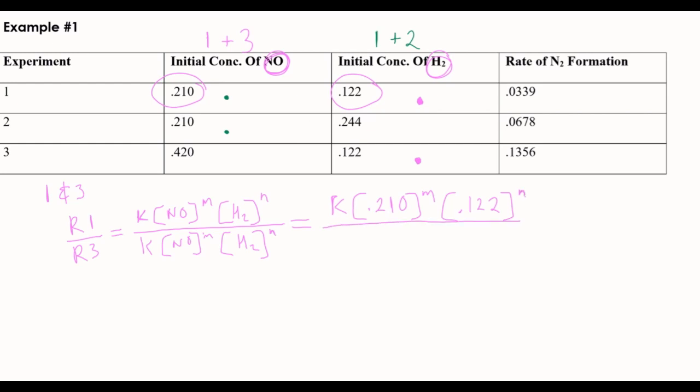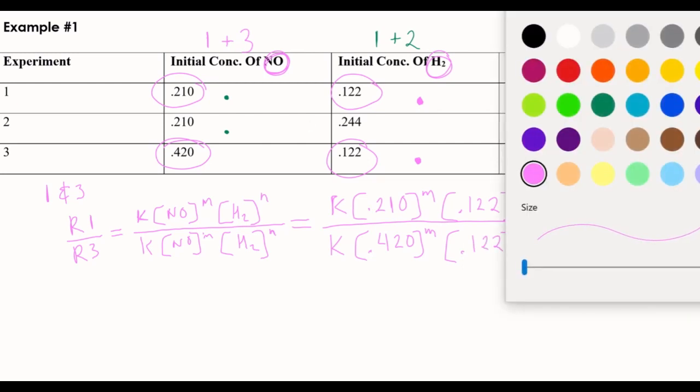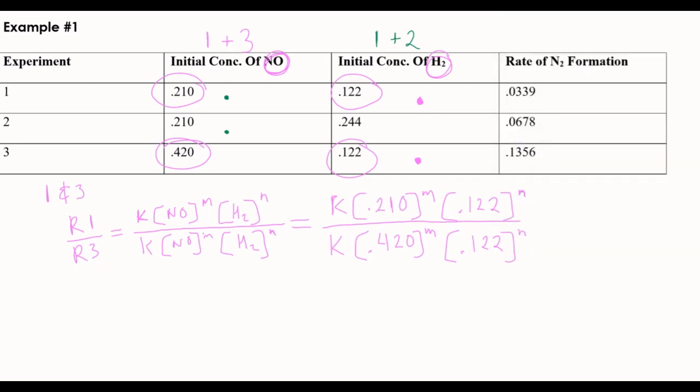Now I'm going to plug in the numbers for rate 3, the third reaction. So we have K times 0.42 to the M power times 0.122 to the N power. So all I do is plug in numbers there. And now we have to mathematically solve this problem.